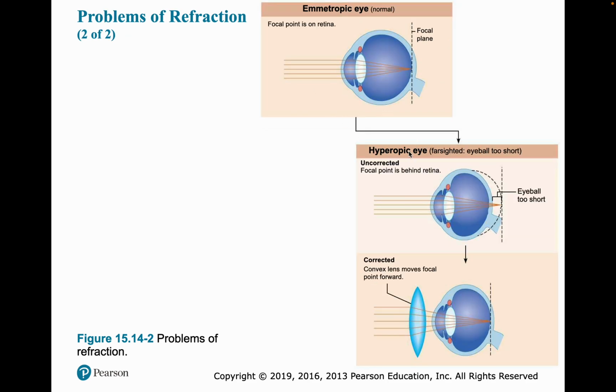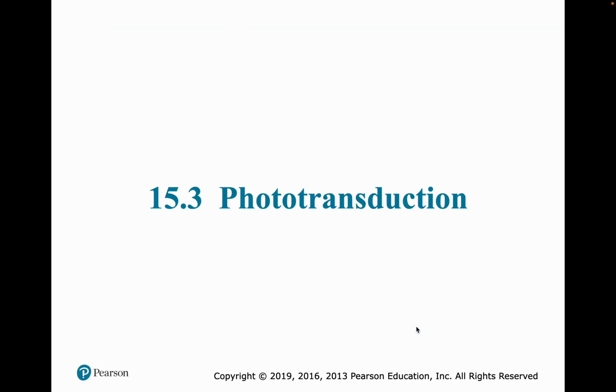So in a hyperopic eye, the eye is a little short, and so the focal point actually would be behind the retina, so the image is still converging, going through the retina. That would be corrected with a convex lens.